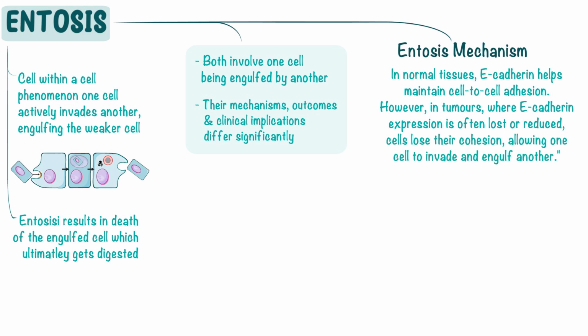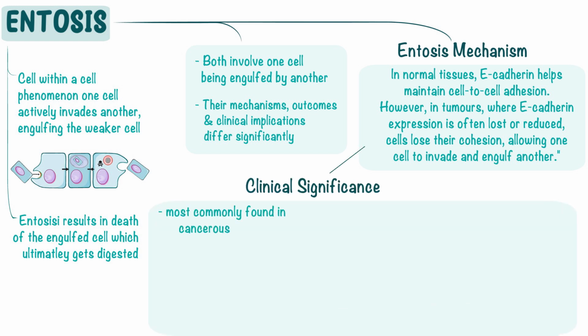However, in tumors where E-cadherin expression is often lost or reduced, cells lose their cohesion, allowing one cell to invade and engulf another. Once inside, the engulfed cell is encased in a vacuole and eventually degraded by the engulfing cell's lysosomes. This process can be viewed as a form of cannibalism, where the dominant cell consumes the weaker one, often to gain energy or nutrients.